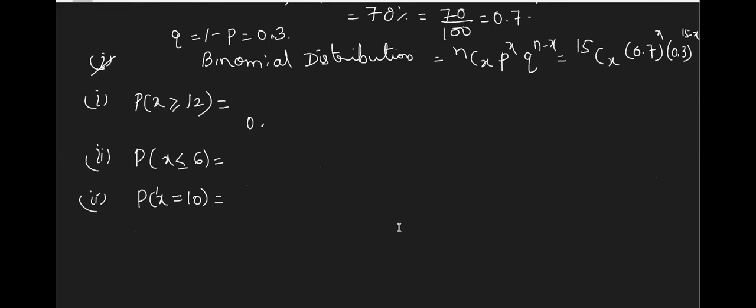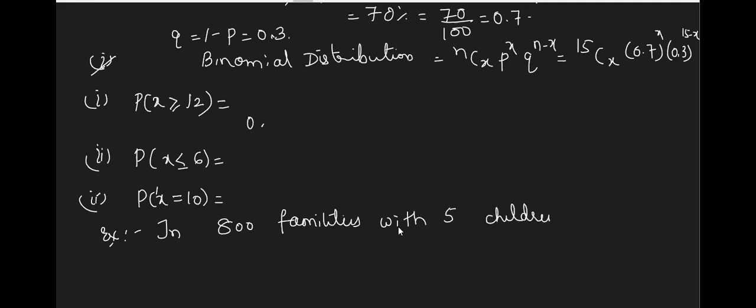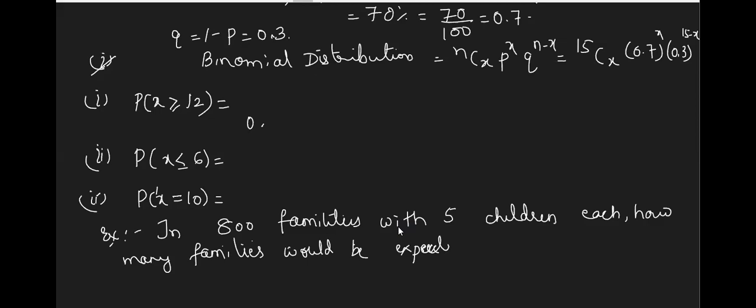Okay. Let me take another. Write down. In 800 families with 5 children each, how many families would be expected to have first condition 3 boys and 2 girls.